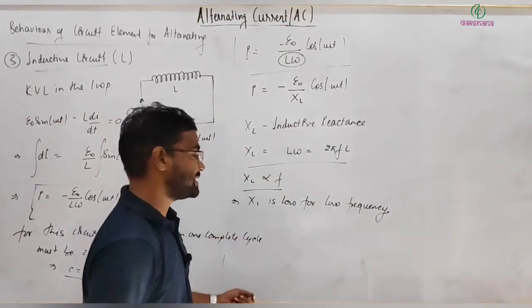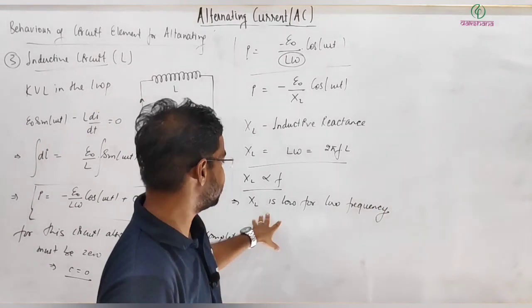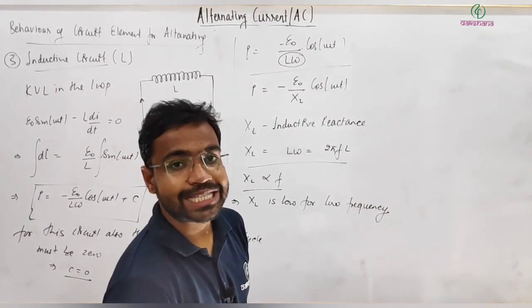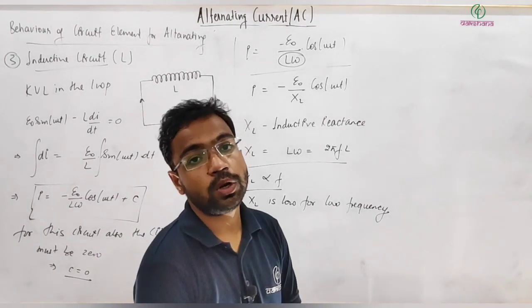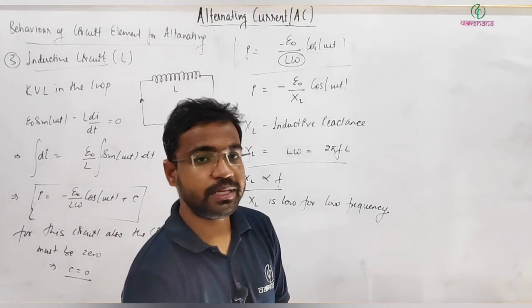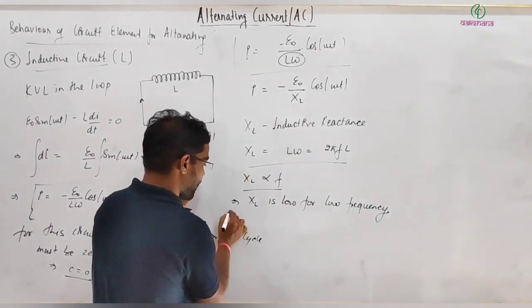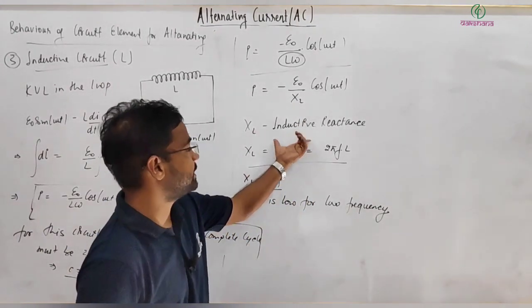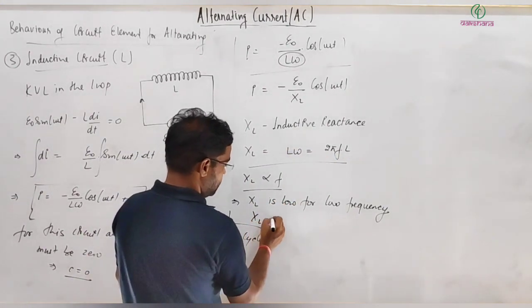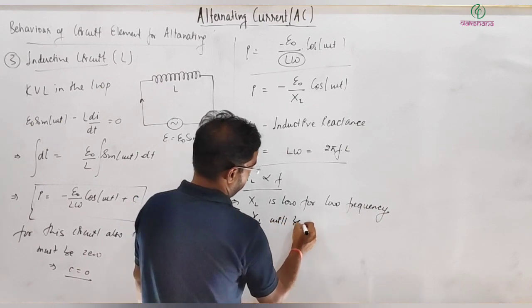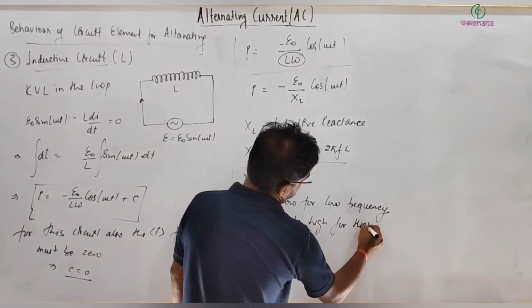Correct? So it will offer less resistance, less opposition for low frequency. And the reactance offered for high frequency will be high. So XL is high for high frequency.